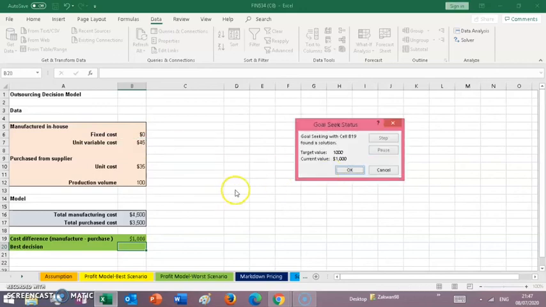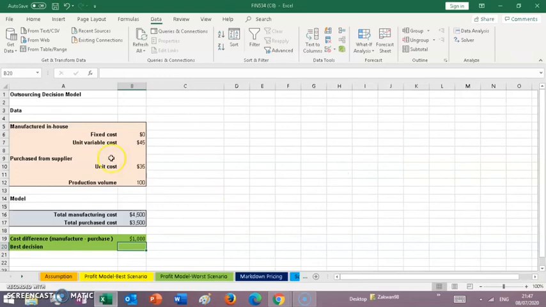So I get the positive value. So what the best decision that I can choose is purchase, okay, purchase from the supplier. This is the best decision for me. That's all. Thank you.